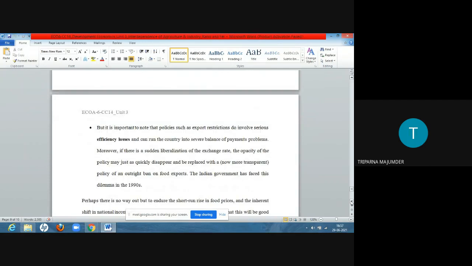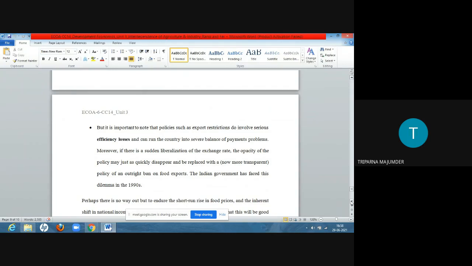But it is important to note that policies such as export restrictions do involve serious efficiency losses and can run the country into severe balance of payments problems. Moreover, if there is a sudden liberalization of the exchange rate, the opacity of the policy may just as quickly disappear and be replaced with a more transparent policy of an outright ban on food exports.